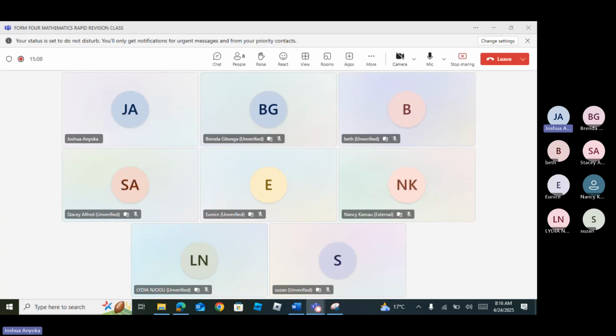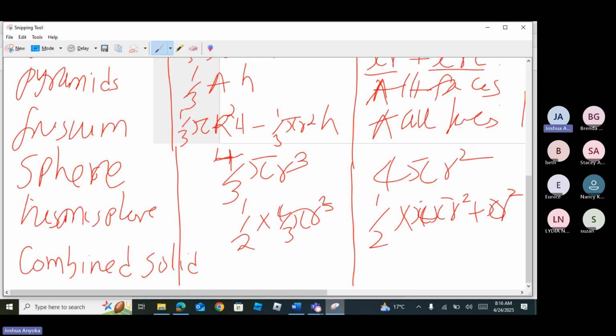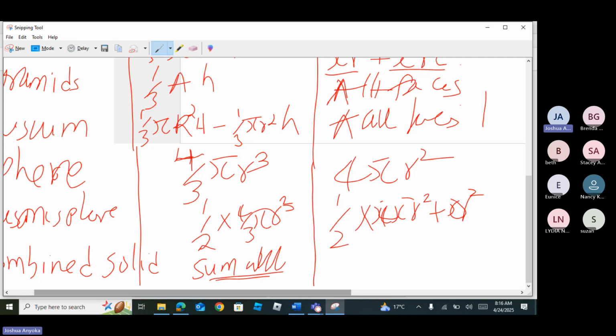For the volume, it is the sum of volumes of all of the solids in that combined thing. And for the surface area, it is the sum of the areas of the visible faces.